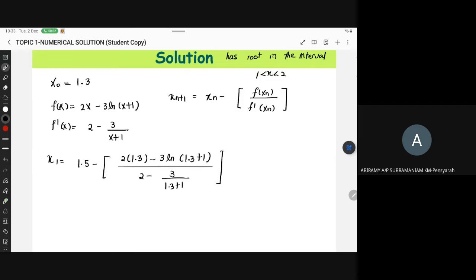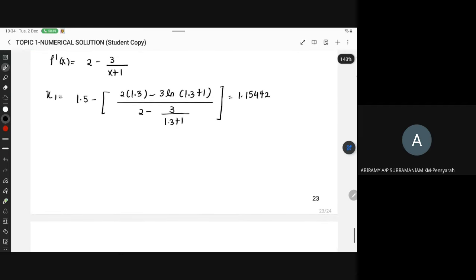So if we are using 1.3, the first value here will be 1.15442. Now for x2, you need to do the whole iteration again using the value of 1.15442.